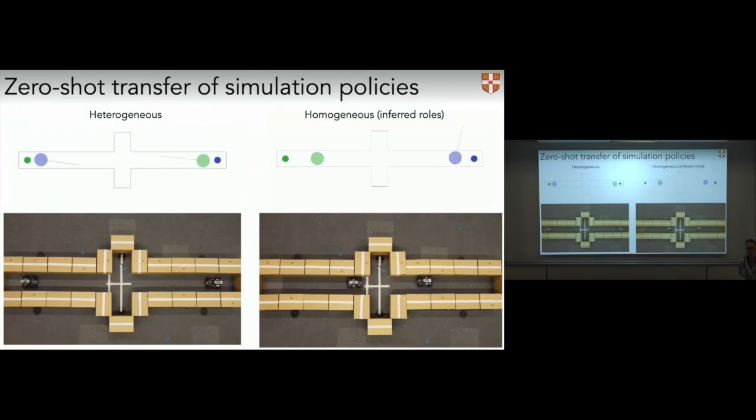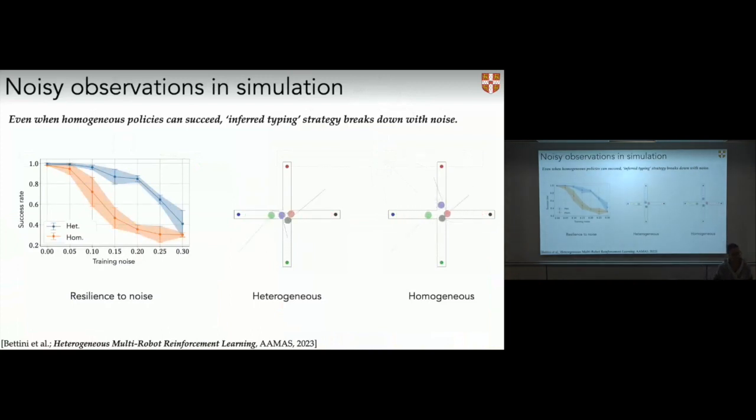So the resilience of a system, if you do zero-shot transfer and you need clear role separation, requires heterogeneous neural networks and heterogeneous policies to ensure the stability of these policies as a function of the noise that you encounter in the real world. Even if we train the systems with noise in simulation, you see a drop-off in performance.